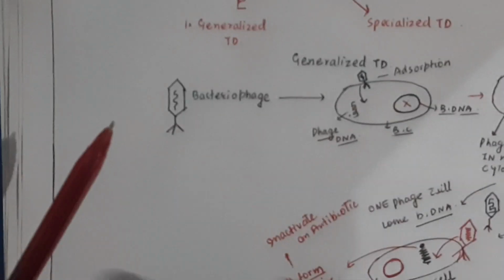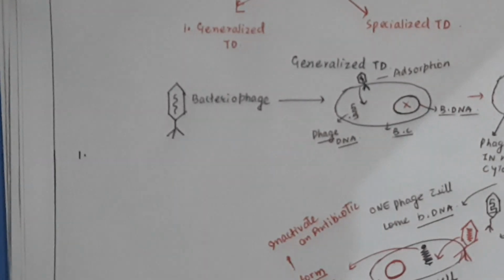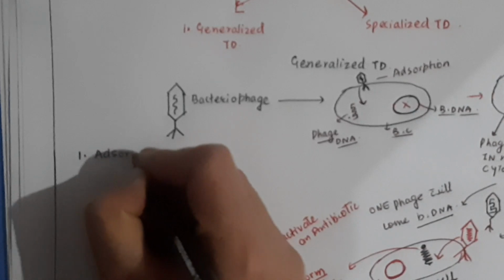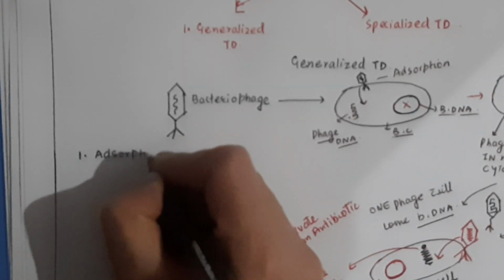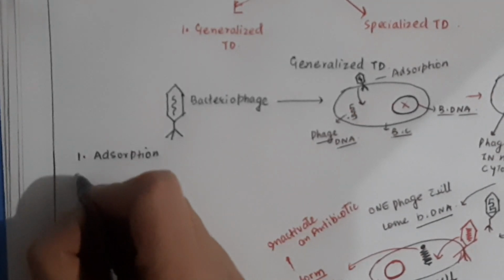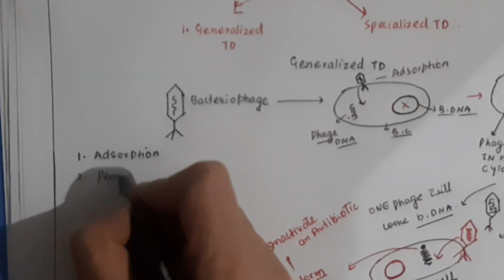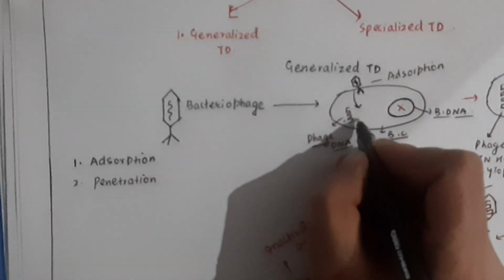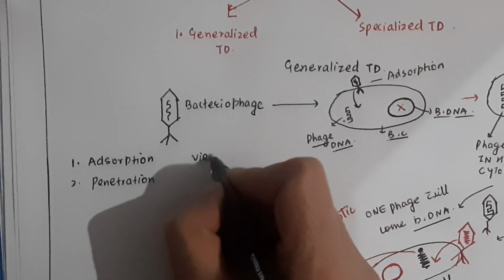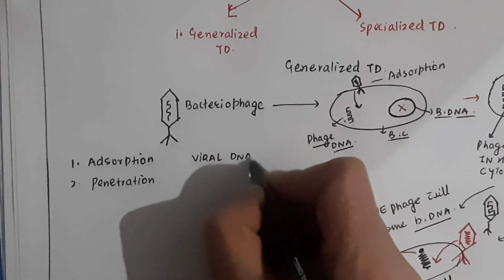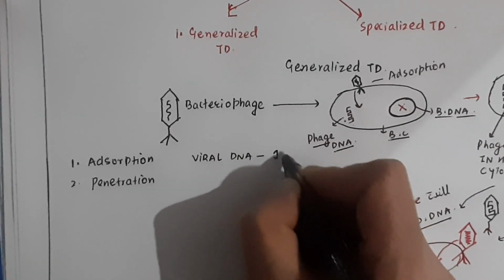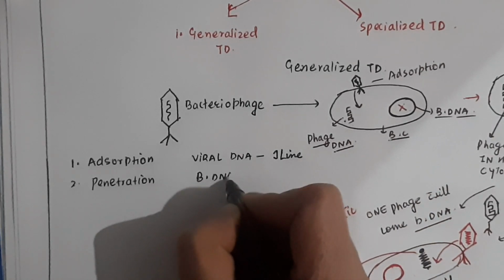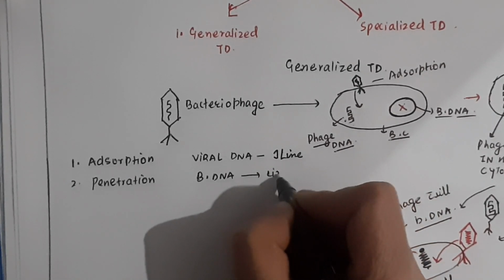This happens in generalized transduction. So what happens? Number 1, adsorption of the bacteriophage occurs. Number 2, penetration. Here viral DNA is marked as a thin line and bacterial DNA as a circular ring.